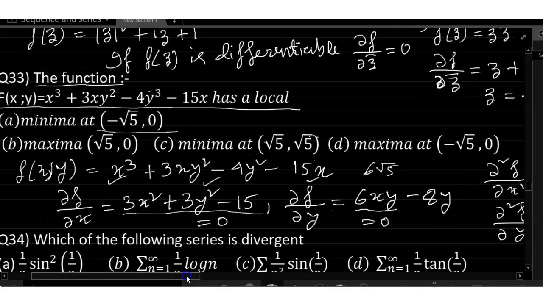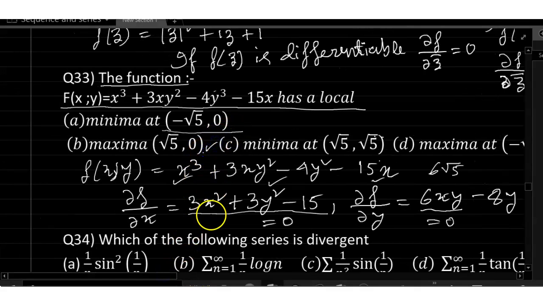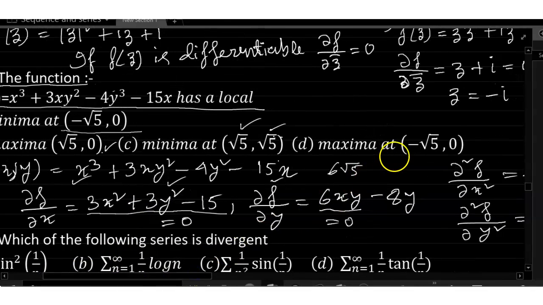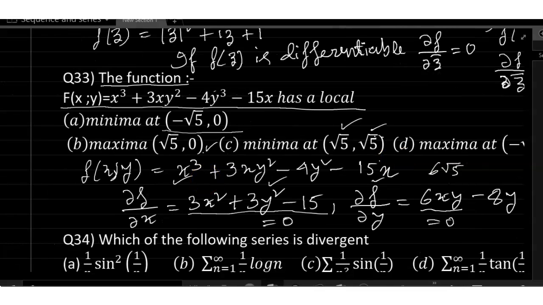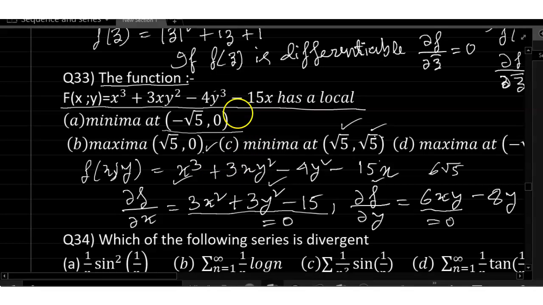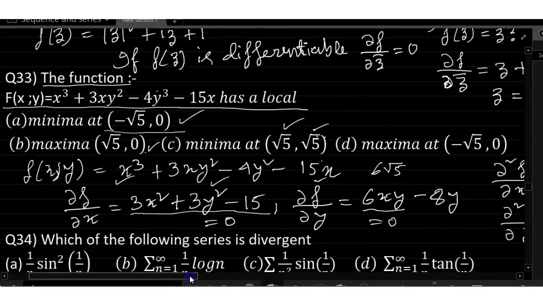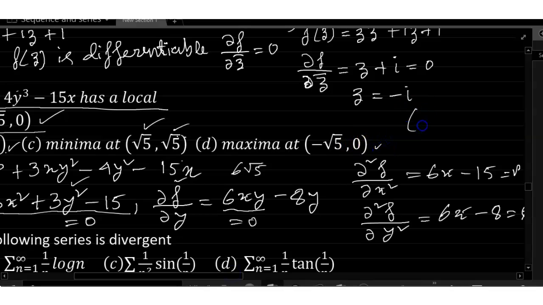First condition satisfies, and second condition also satisfies, but third condition is not satisfied. Del f by del y equals 6xy minus 8y. Root over 5 comma 0 and minus root over 5 comma 0 are my extremum points.